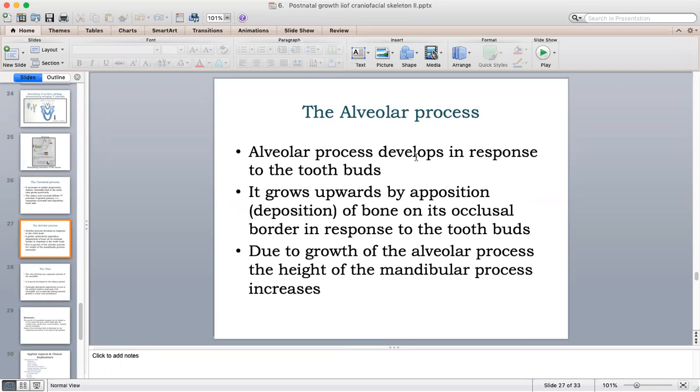Then there is the alveolar process. The alveolar process is the one which grows in response to the development of the teeth. It grows upwards by apposition of bone on the occlusal surface of the body of the mandible because of the eruption of teeth. Because of this, there is an increase in height of the body of the mandible along with the vertical growth of the face.